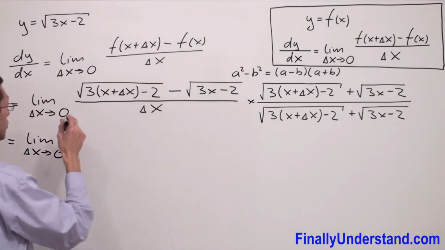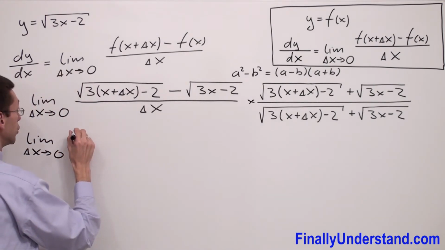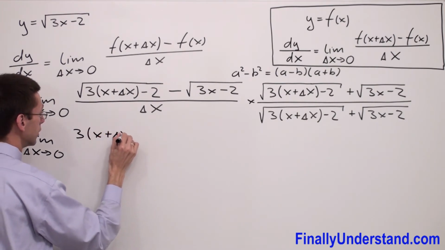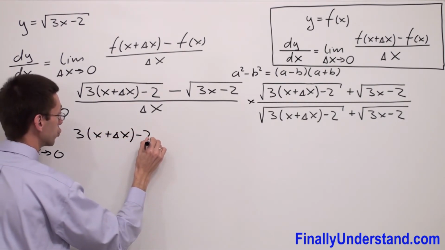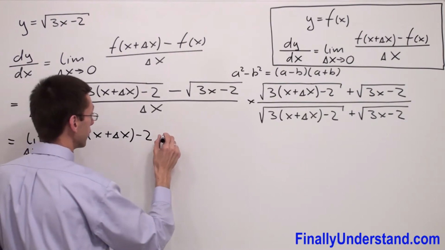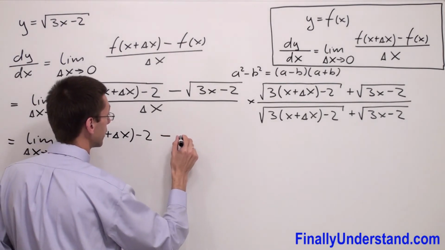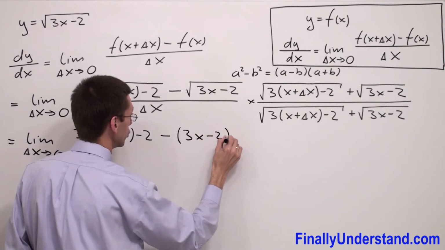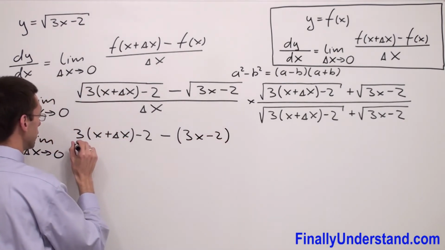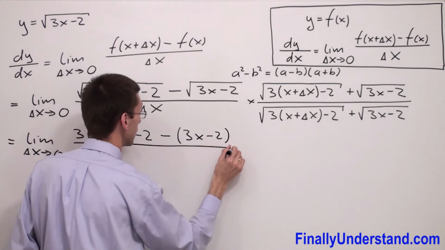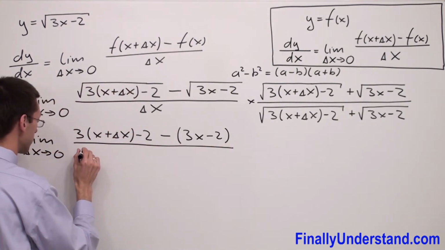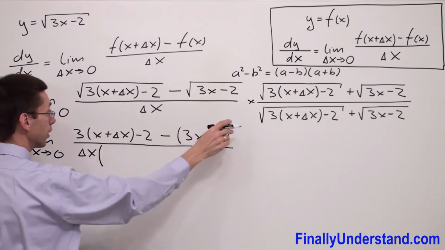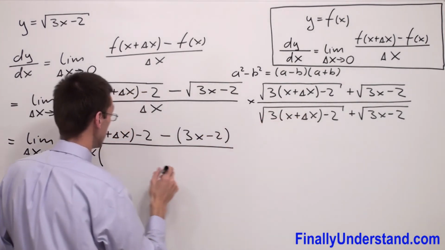That's why in the numerator I can write 3 times x plus delta x minus 2, and I have minus, open parenthesis, 3x minus 2, over delta x times whatever I have in this denominator.